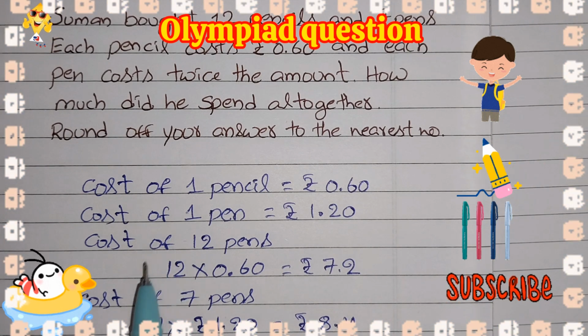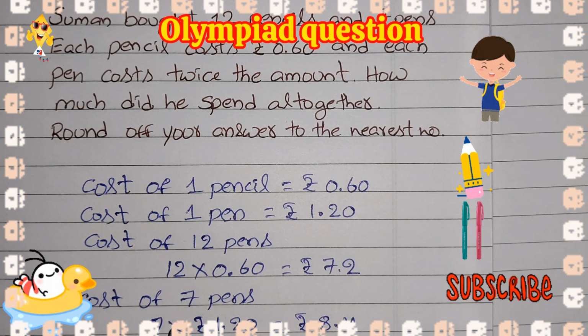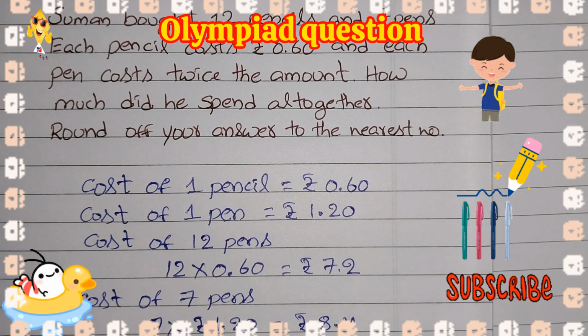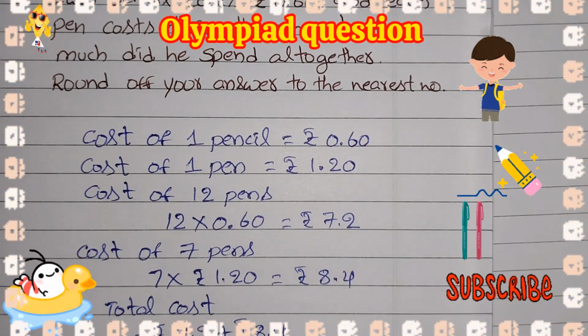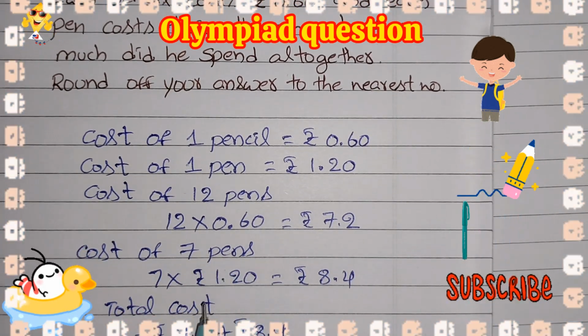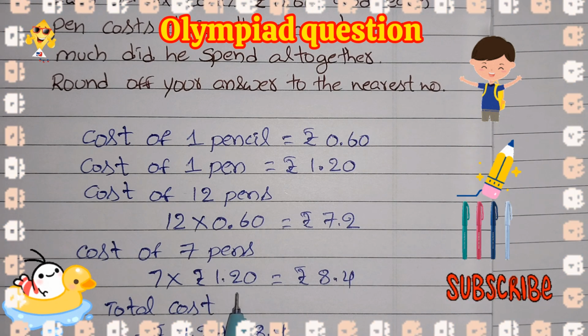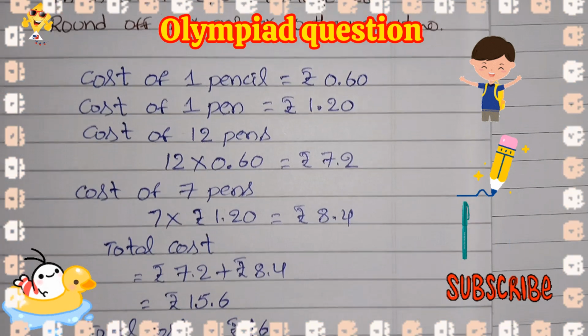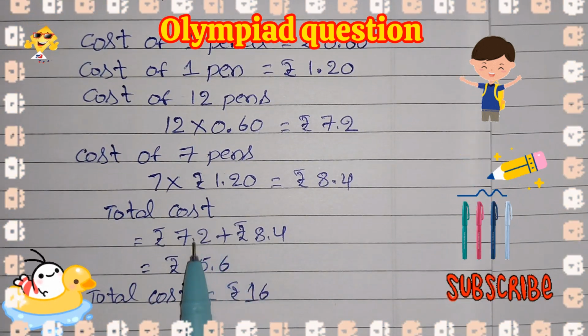Cost of one pencil equals 0.60 rupees. Cost of one pen equals 1.20 rupees, because in the question they have given that twice the amount of one pencil. Cost of 12 pencils equals 12 multiplied by 0.60 equals 7.2 rupees.